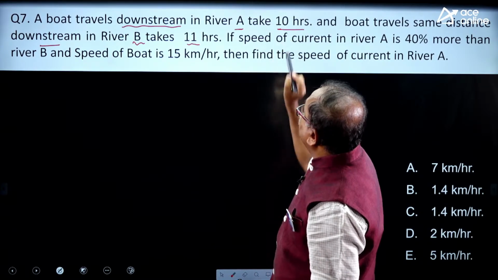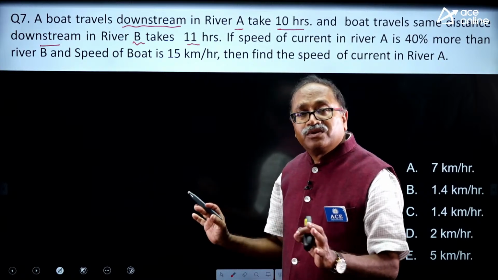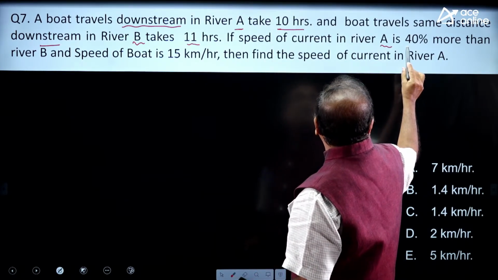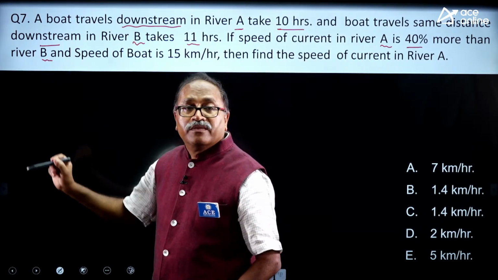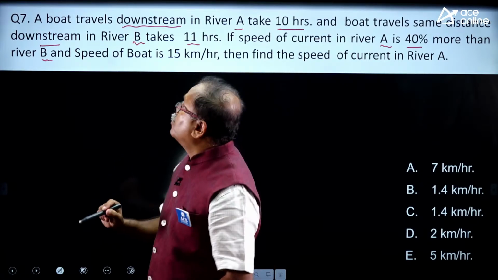If the speed of the current of A is 40% more than that of B, the current ratio of river A to river B is given to us.